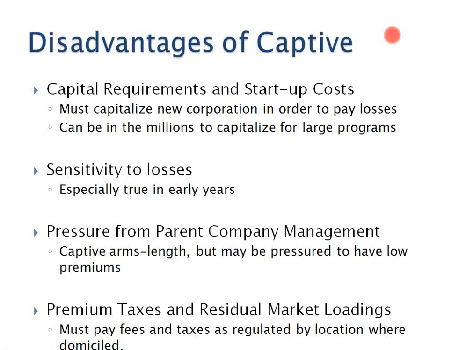The next one is pressure from the parent company management. This is actually true even in self-insured groups. It's arm's length away, but there may be pressure to lower the premium, saying sales are down, let's lower the rates. And in some cases, the actuary says, well, this is how much money we need.